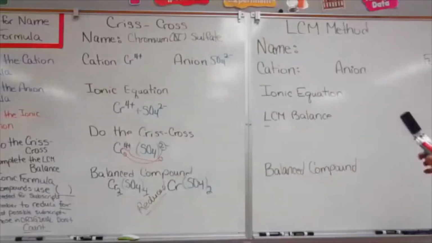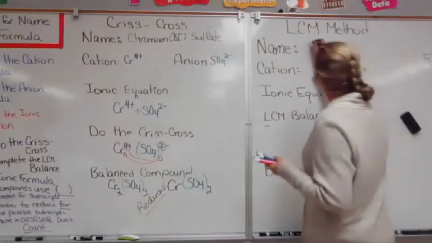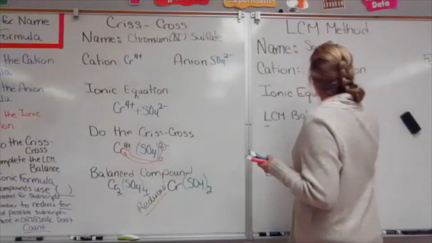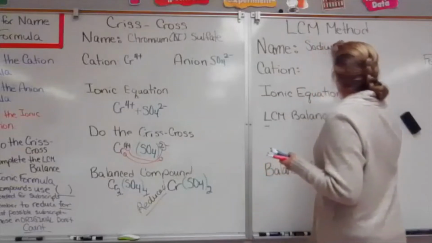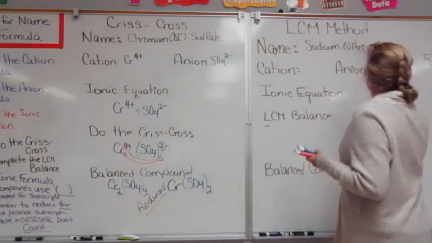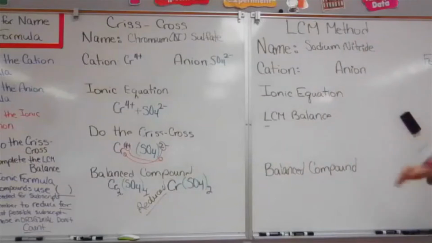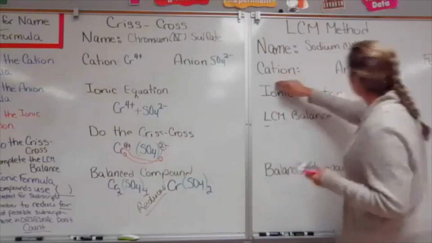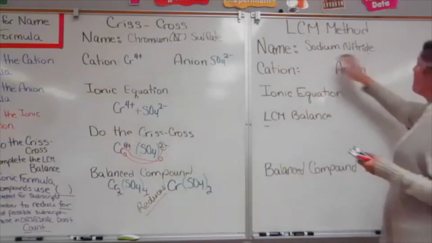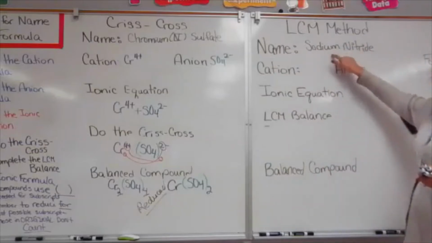Here we go. Let's do another example for the LCM method. For now, we're going to do sodium nitride. As always, the first thing you do is separate your cation from your anion. When we look at sodium nitride, we know that sodium is the cation for 2 reasons.